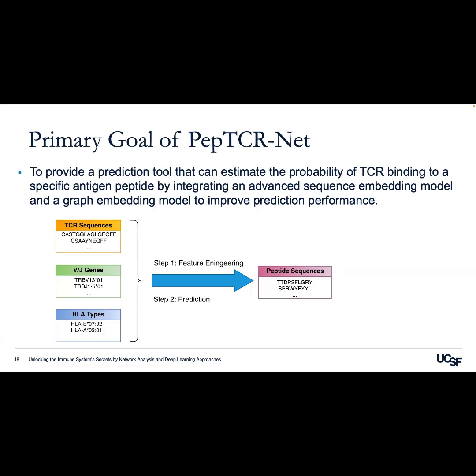That's why HLA is very important in the prediction model. However, the challenge is that in our current situation, a lot of the time we do not have the HLA information for individuals, or we have only limited information. Later on, I will show you how robust our model is even without the HLA information.